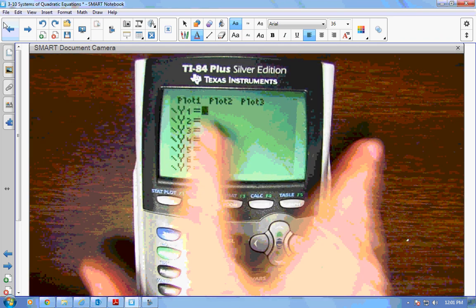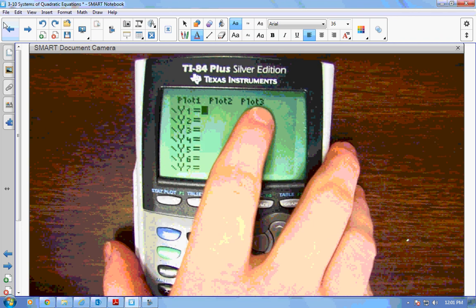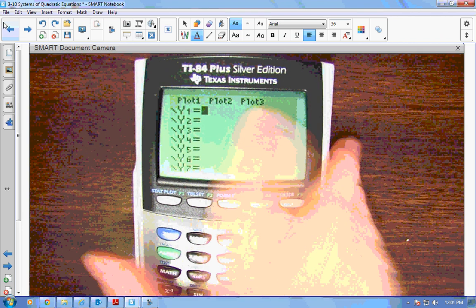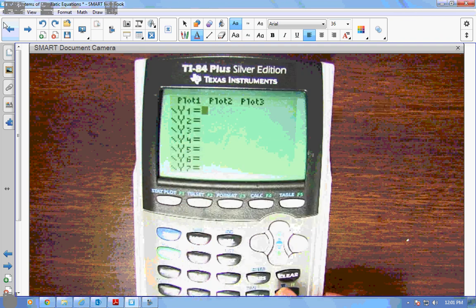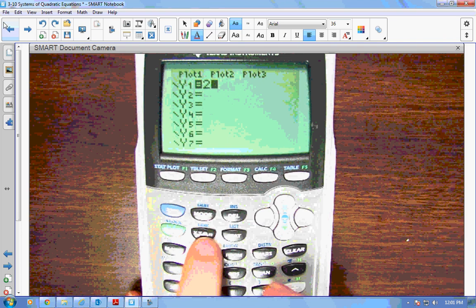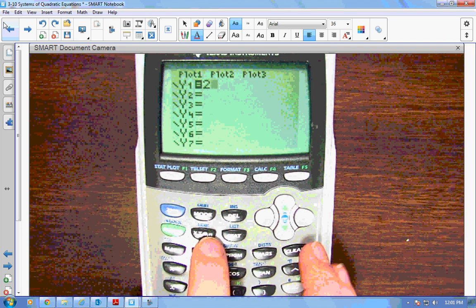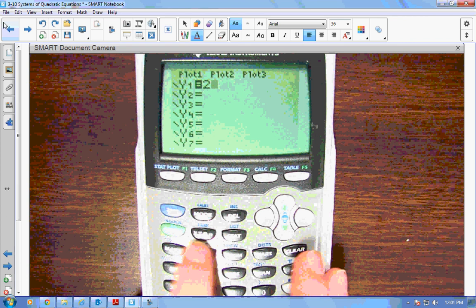Now at the top, make sure none of your plots are highlighted. If your plots are highlighted, your calculator is not going to want to graph. So type in 2. Where's the X button? Yeah, that's actually an O with a line. It's a Greek symbol called theta, which we'll talk about at the end of the year. But yeah, it's right next to the green button.